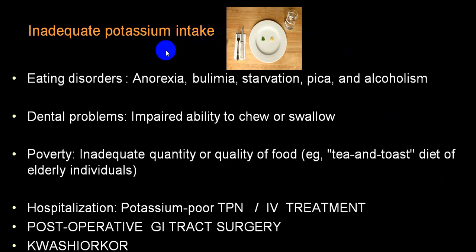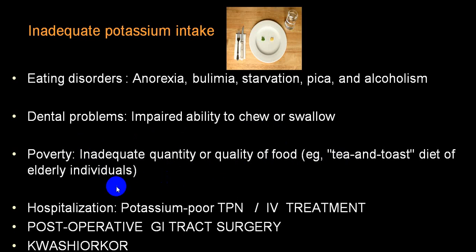Due to reduced intake, it is very rarely seen in anorexia, bulimia, starvation, pica, and chronic alcoholism. Also sometimes because of a dental problem, a person is not able to chew and swallow properly. That can also result in potassium deficiency. And poor quality and quantity of food, particularly in persons very prone to a tea and toast diet in elderly individuals, because that is deficient in potassium.